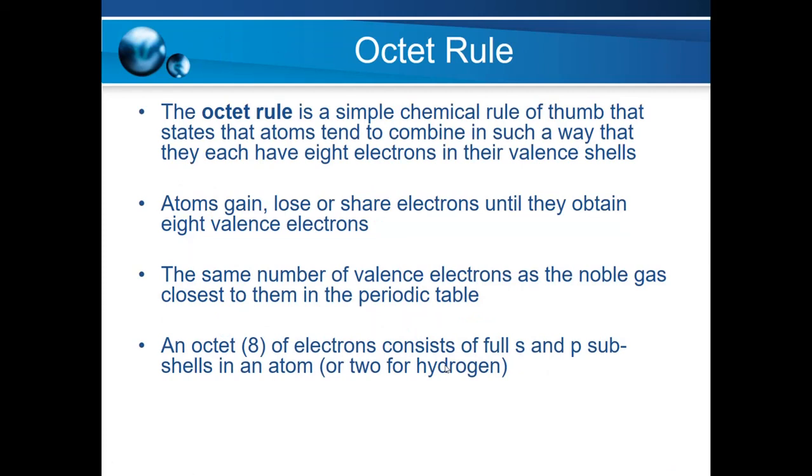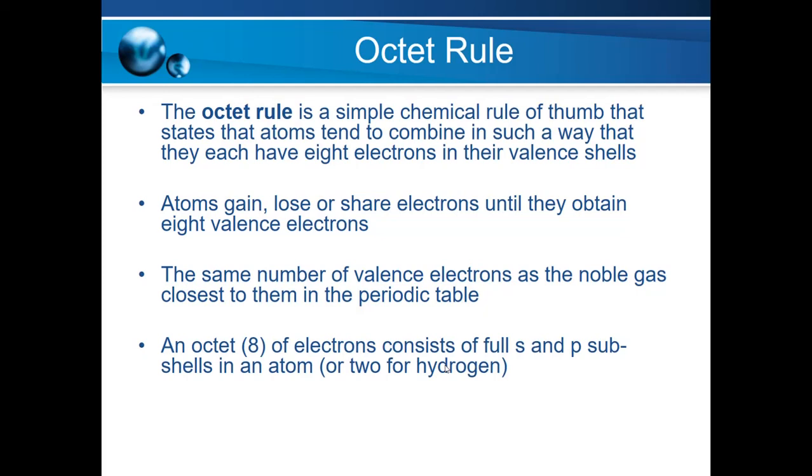So what is the octet rule? The octet rule is a simple chemical rule of thumb that states that atoms tend to combine in such a way that they each have 8 electrons in their valence shell. An atom gains, loses, or shares electrons until it obtains 8 valence electrons, the same number of valence electrons as the noble gas closest to it in the periodic table.